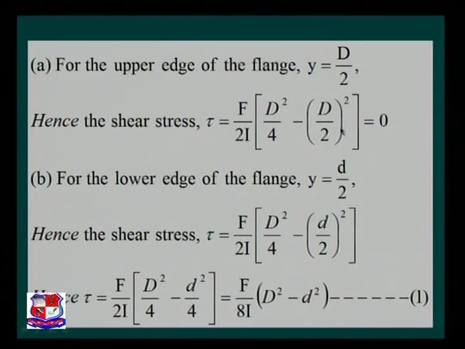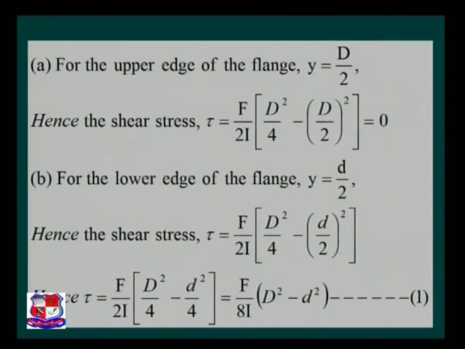It means the value of shear stress is 0 at the top of the flange, while for the lower edge of the flange, y is equal to small d by 2. Please refer to the figure on this tabletop.